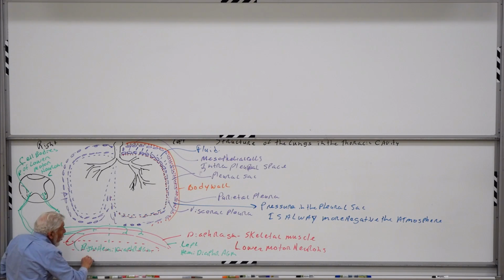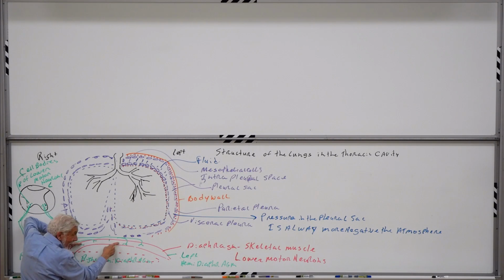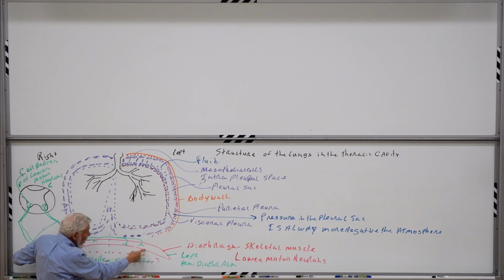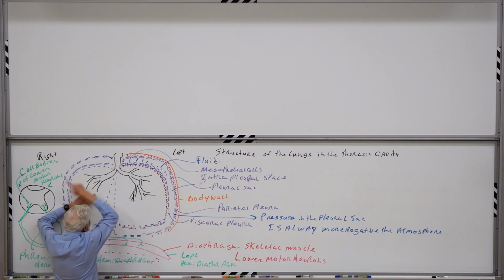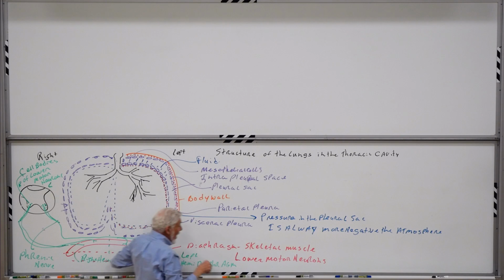Well, the important idea there is that by using the lower motor neurons to activate this skeletal muscle and getting it to contract, when the diaphragm contracts, it's now going to make the volume of the thoracic cavity larger. We can spell that out.